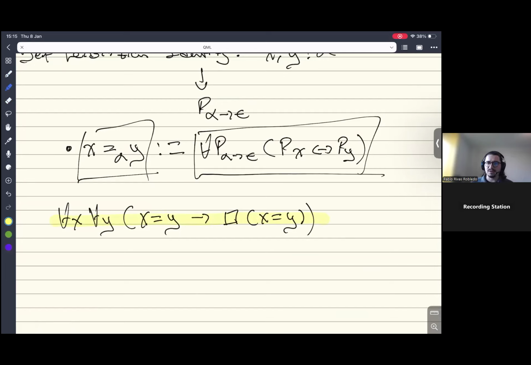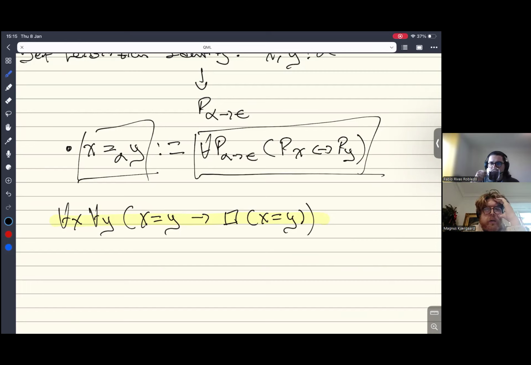So identity is going to be necessary. And this is very important for him because this is one of the central theorems of the first systems of quantified modal logic, those of Barkan that I mentioned yesterday.